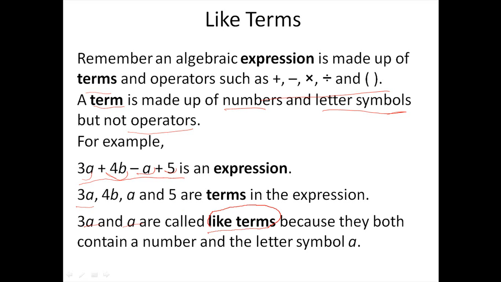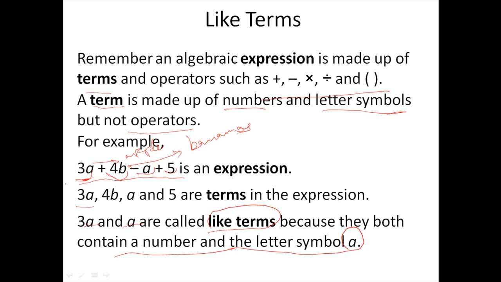This is important. Because they both contain a number and the letter symbol is the same, a. So if you want to understand like terms, if I say here, 3 apples, A stands for apples, A is an apple, and B stands for bananas.